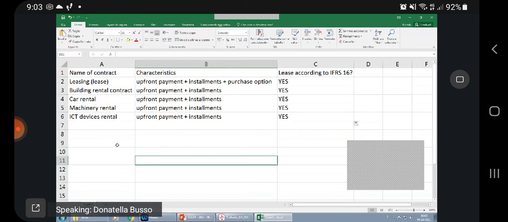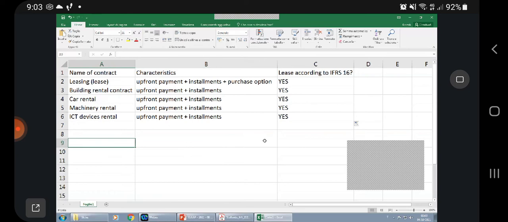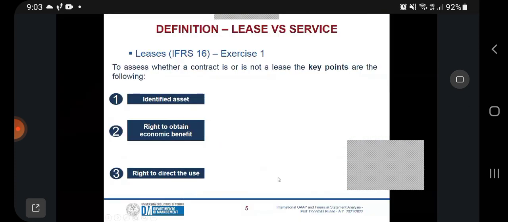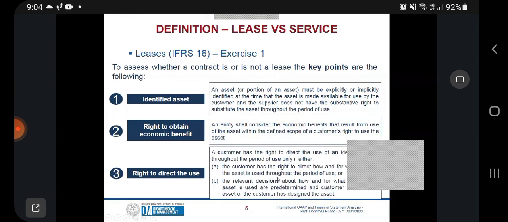There are some contracts where the company, by signing the contract, obtains two things: not only the ship, but also the crew. So in this type of contract, the company has to apply the definition of lease in order to understand if the company can decide how to use the ship.